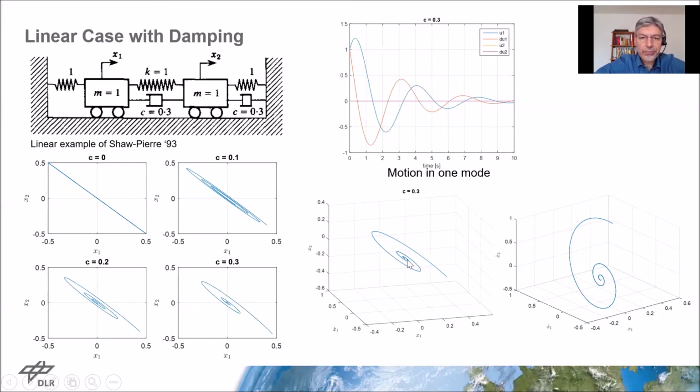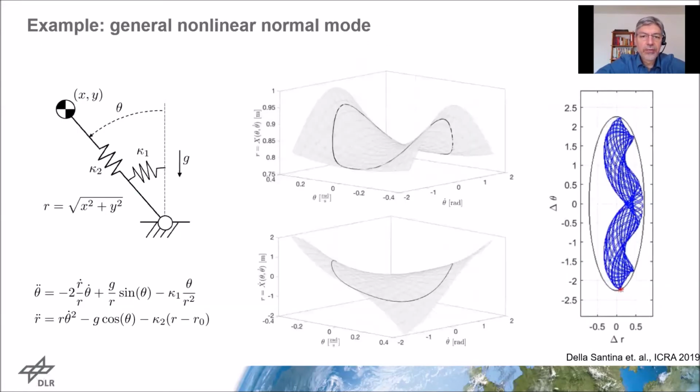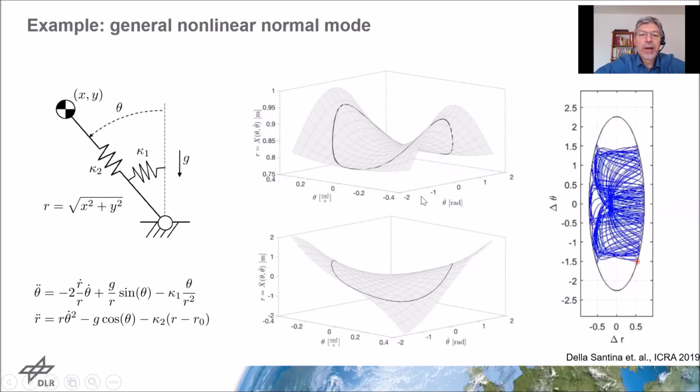Now, again, you cannot expect in the nonlinear case to have planes, but you can expect to have a curved manifold. And actually, there's a work by Shaw and Pierre who defined nonlinear modes as being invariant manifolds in phase space. And together with Cosimo della Santina, we published a paper in ICRA 19 looking at simplified models of legs and taking this definition of modes, which again, I won't detail further.